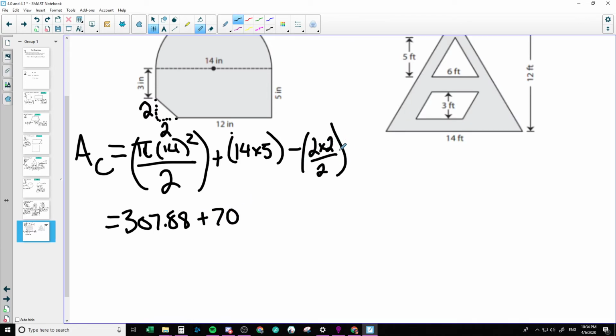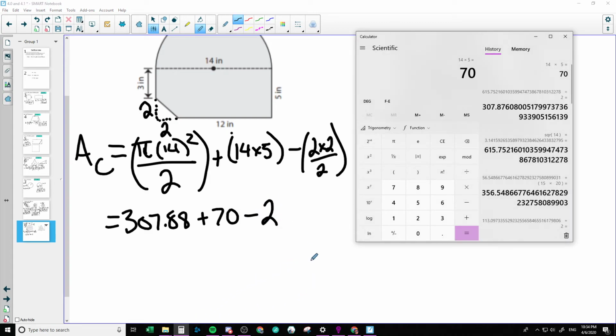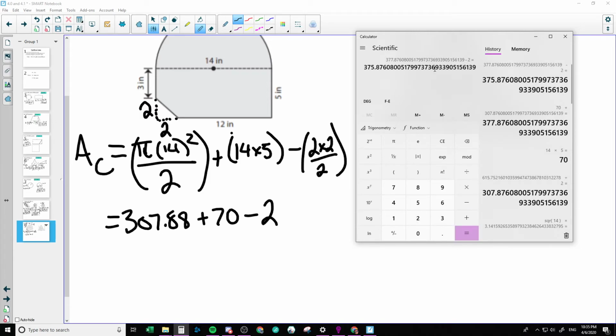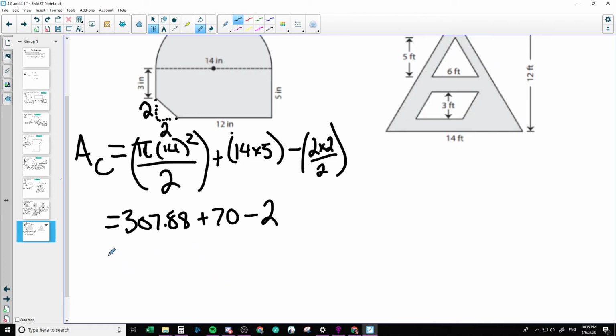And 2 times 2 is 4, divided by 2 is 2. So let's go back here, 70. We're going to add this number. And we're going to subtract 2. And that's going to give us 375.88. And this is in square inches.